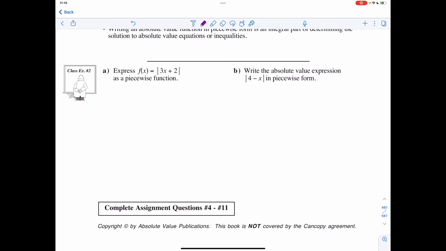So, how would I do this? Well, it says that it wants us to express this function in piecewise function. So the first thing that I would do is I would solve for what the zeros would be.